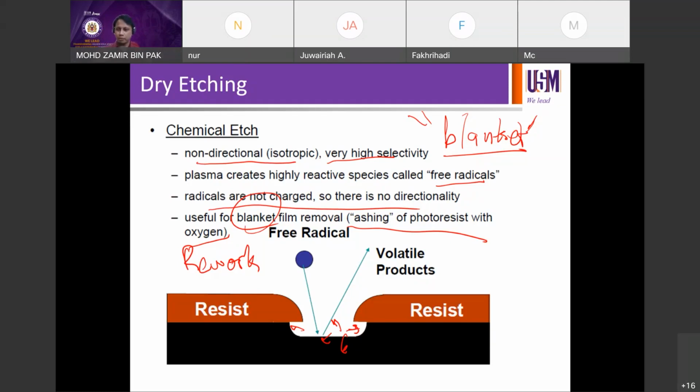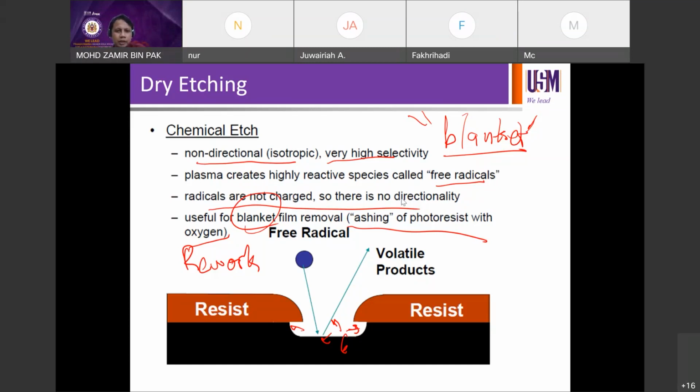Remember, when you do lithography and you did something wrong, you can still remove the resist by a rework process, and this is done by etching. Etching using isotropic chemical etching. It's not one directional etching, it's just blanket removal. So that's why we use it for the etching process, because you want to remove all anyway, right?